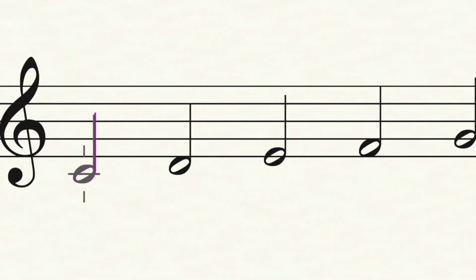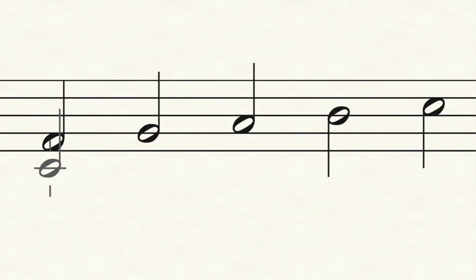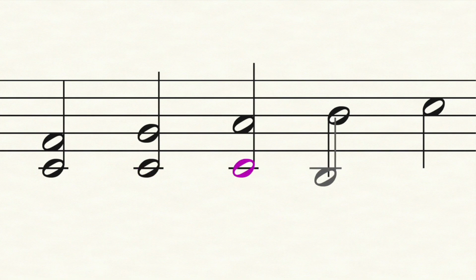If we have a C and a C, that interval is going to be a unison. Now we have a second, a third, a fourth, a fifth, a sixth, a seventh, and an octave.